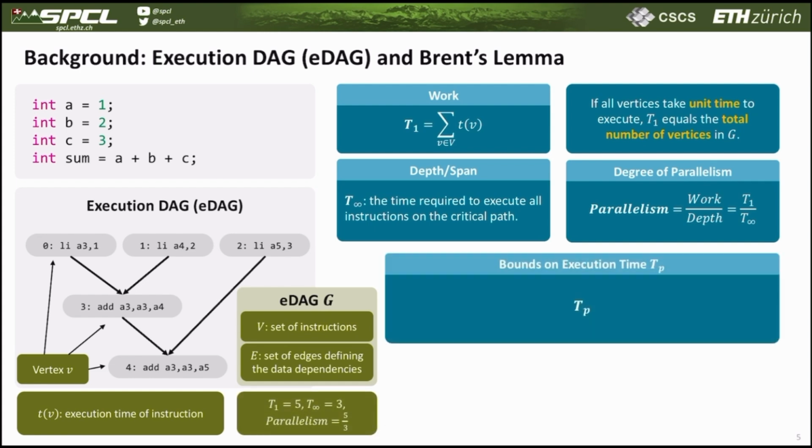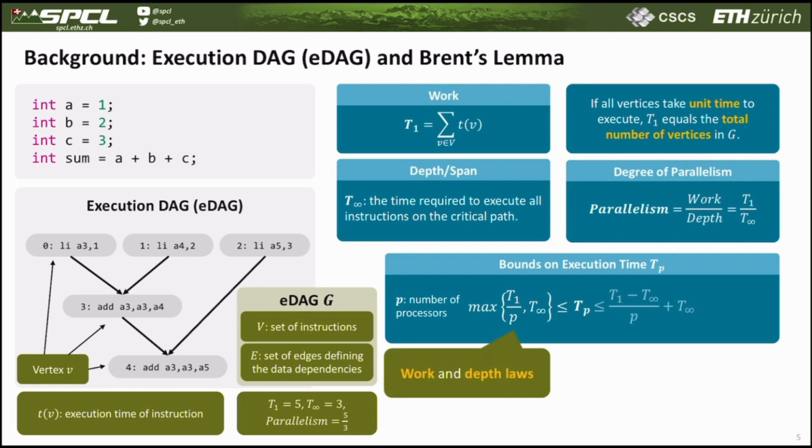And so you can bound your execution time on the left side by saying, well, I can't be faster than dividing the sequential program perfectly among my P processors, and I also can't be faster than this longest path, the time it would take with an infinite number of processors.